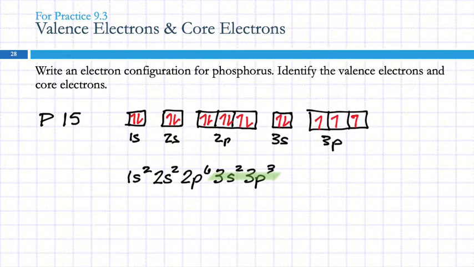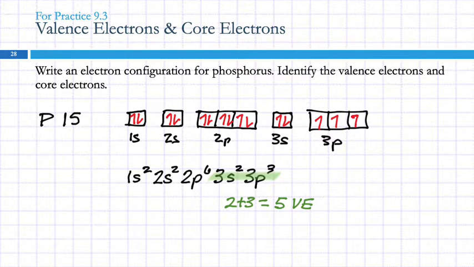It's not just the ones in the most expensive room on that floor. It's everybody on the floor. So we've got 2 plus 3, which equals 5. I often call them VE, valence electrons. What group number is phosphorus in? Group 5. Group 5, 5 valence electrons.